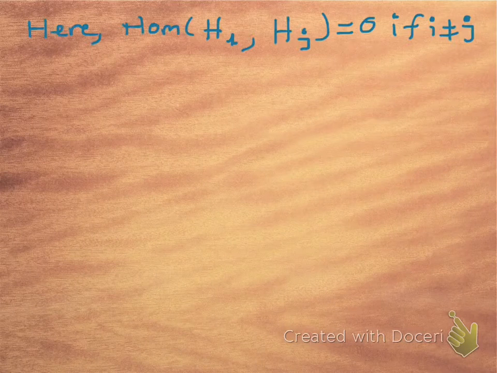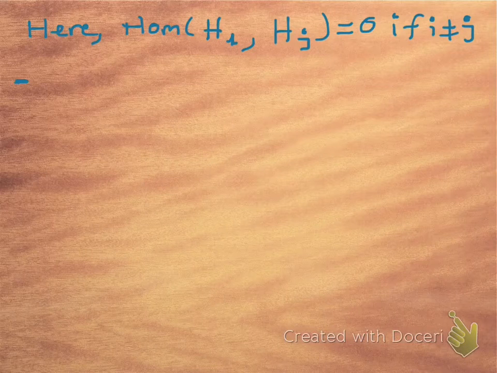And clearly, there are no non-zero homomorphisms between two distinct homogeneous components, simply because the homogeneous components are semisimple modules, and their factors are also homogeneous with respect to the same simple module. So for example, if H is a sum of simples all isomorphic to, say, S, then so is every factor of H. From this it follows that the Hom group from Hi to Hj is 0.